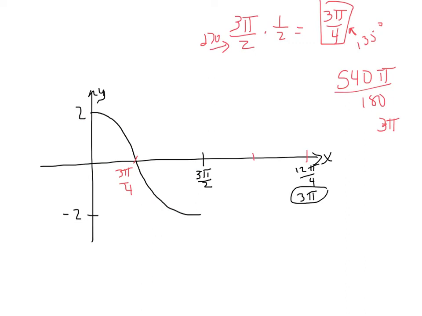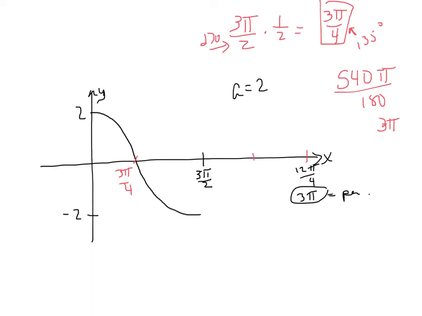So once I know what my period is, and I gave you 2 different ways to do that, probably even more than that, once you know that your period is 3 pi, and we know that our frequency is going to come from period, our amplitude is 2, and that's an easy one.